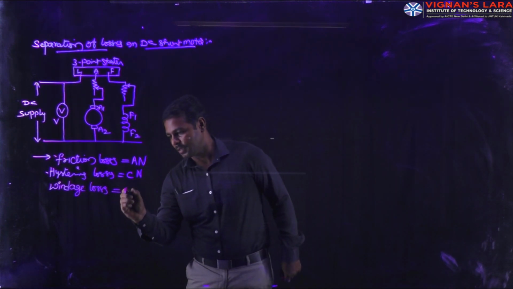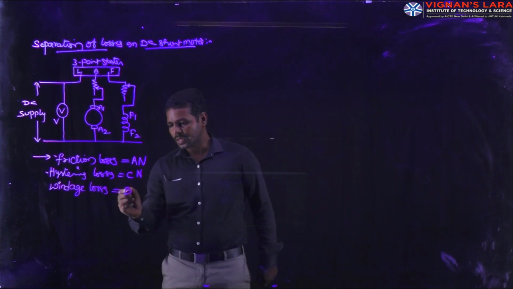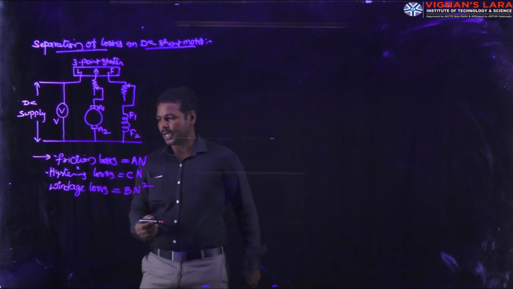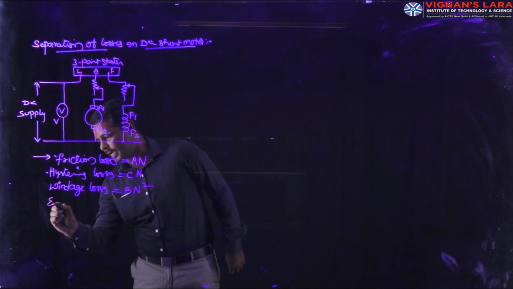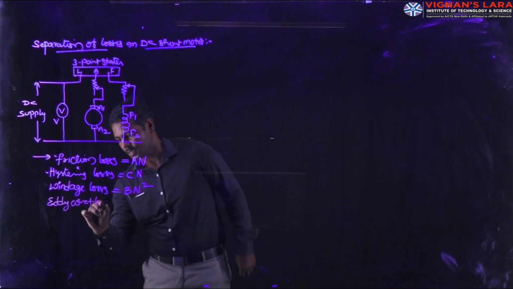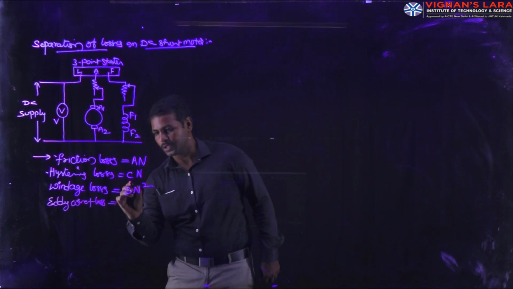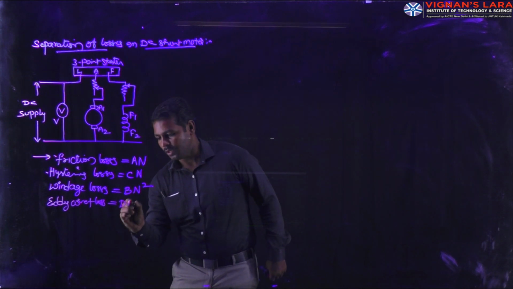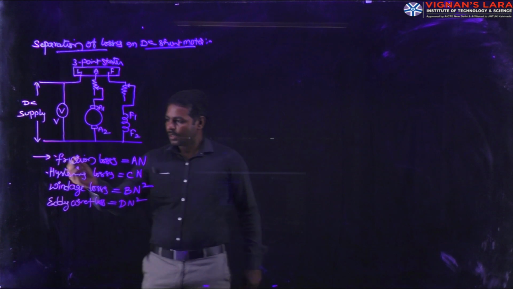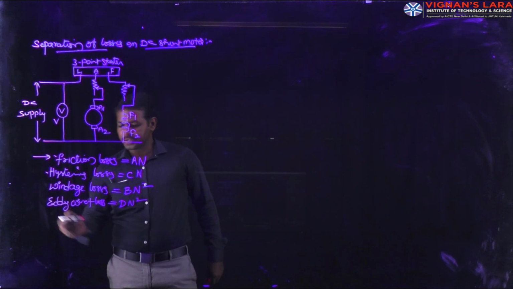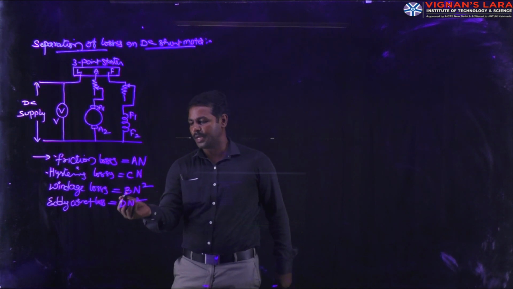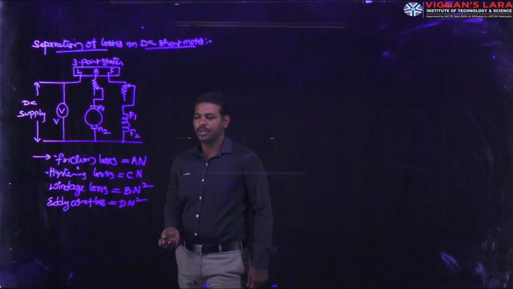So windage loss is equal to B into N square, and eddy current loss is equal to D into N square. So these are the four expressions of the losses: A into N, C into N, B into N square and D into N square.